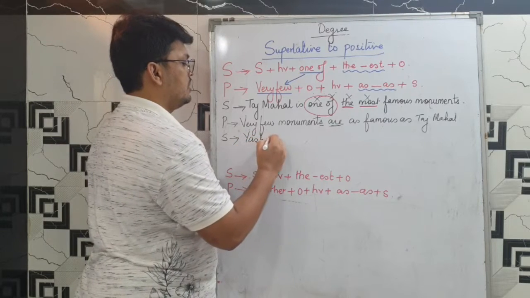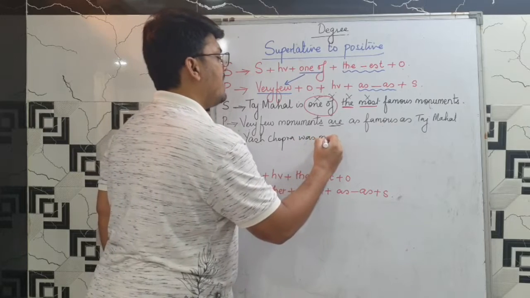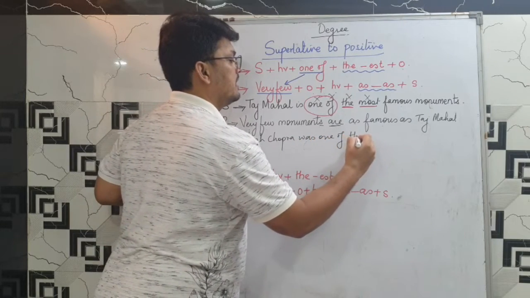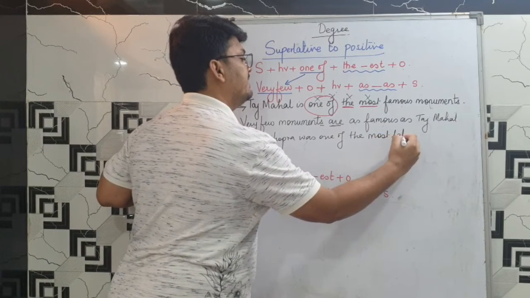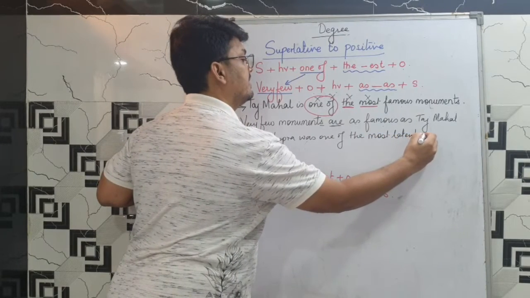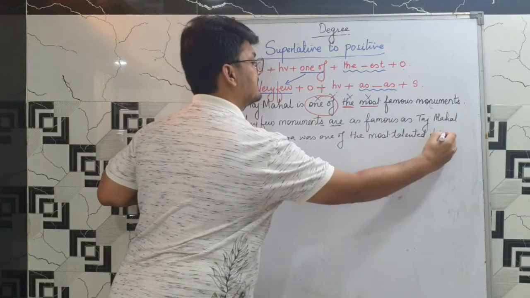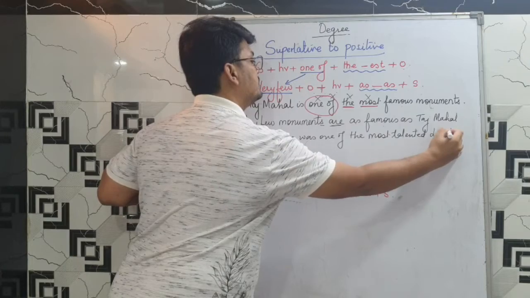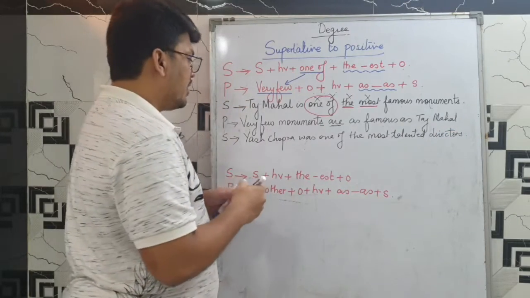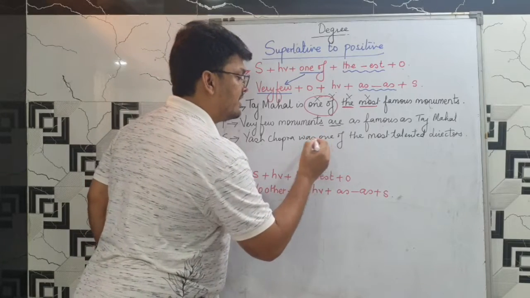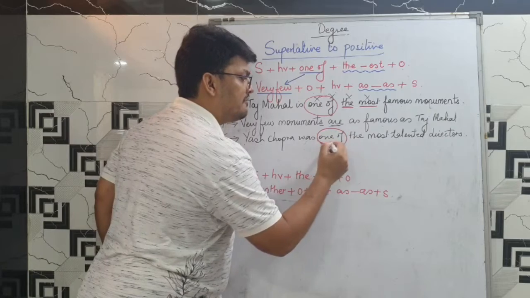Yash Chopra was one of the most talented directors. One of the most talented directors. So you can see, students, here also this superlative degree started with the subject, and here we can see one of.